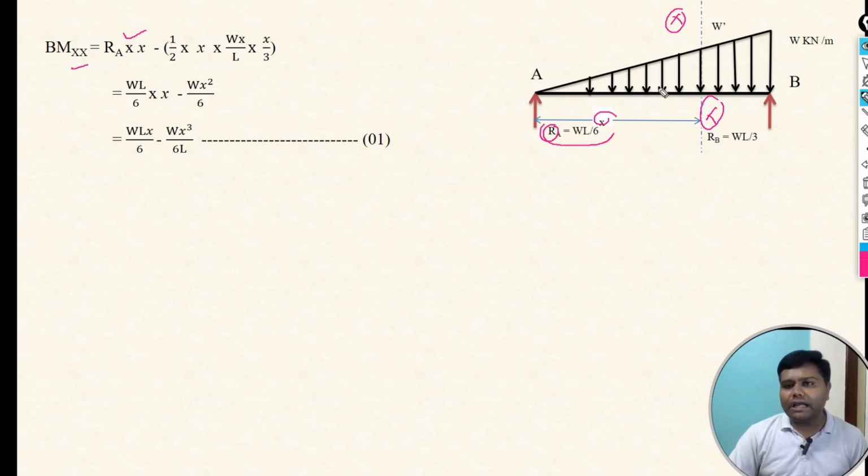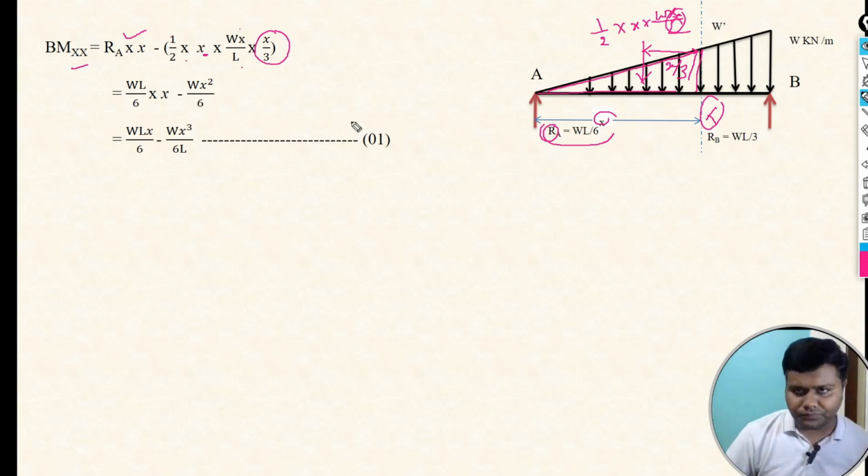Then again, the load we are considering is a UVL, triangular type UVL, so just convert it to the imaginary point load: 1 by 2, base is x and height is w dash, and w dash we have already calculated as wx by L. So 1 by 2 into x into wx by L, and the distance of that imaginary point load from the section is x by 3.